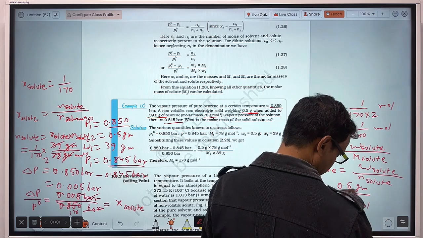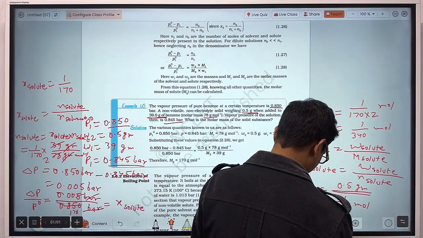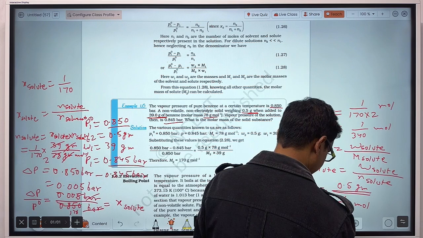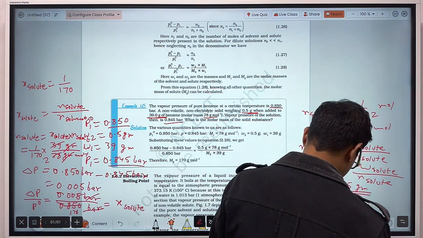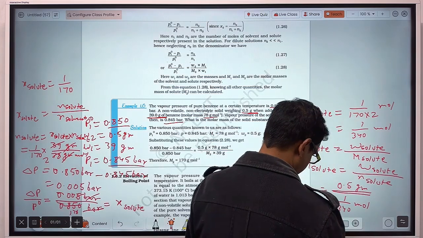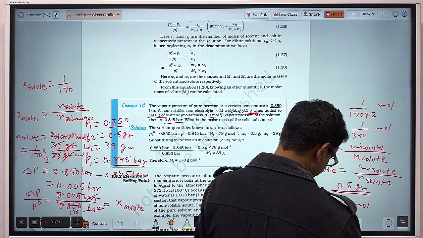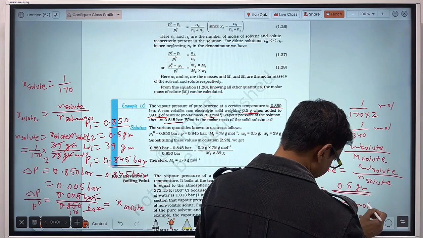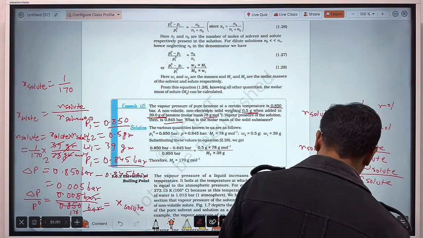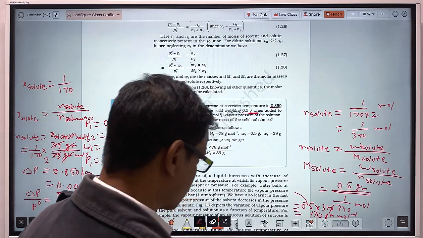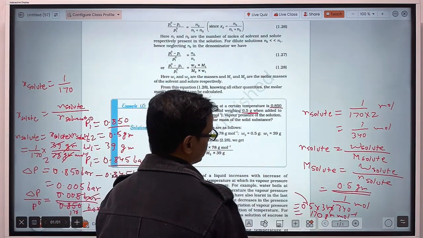Its unit will be gram per mole. So that will be 0.5 into 340. The decimal will cancel out: 5 4 is 20, 5 3 is 15, and 2 70. So 170, and the unit is gram per mole. So the molecular weight of that solute will be 170 gram per mole.